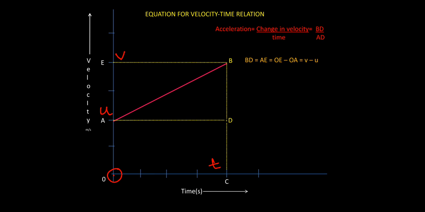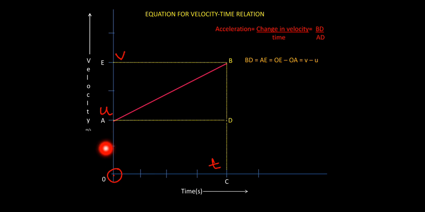So what I can write is BD, which is nothing but change in velocity. This BD is parallel to AE, and AE I can write as OE minus OA. Now what is OE? It is V, that is from 0 to V, it is V, and OA is this much distance.